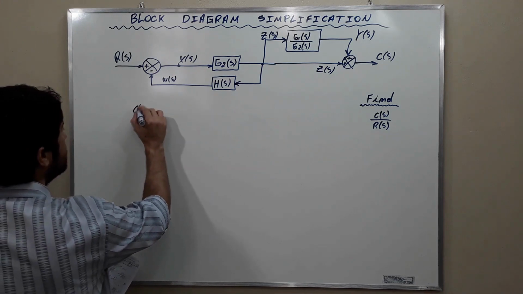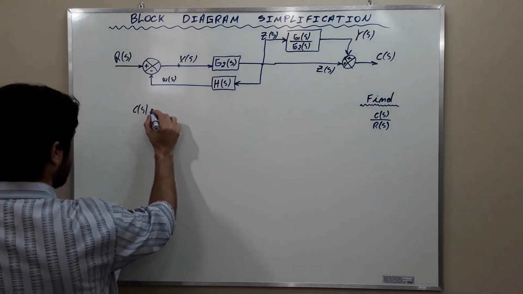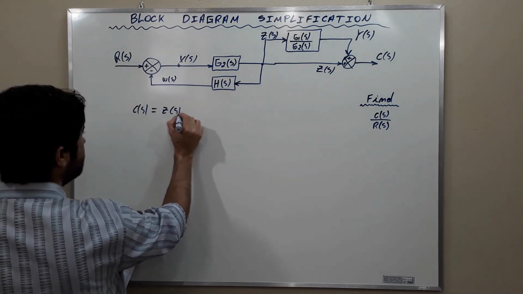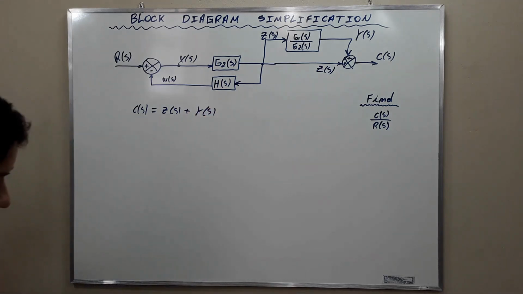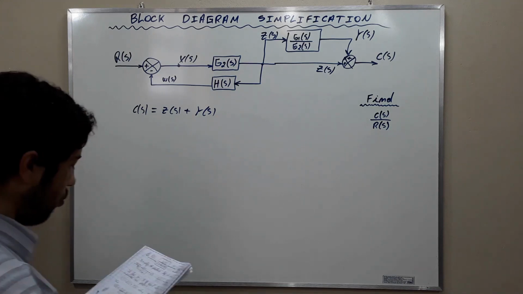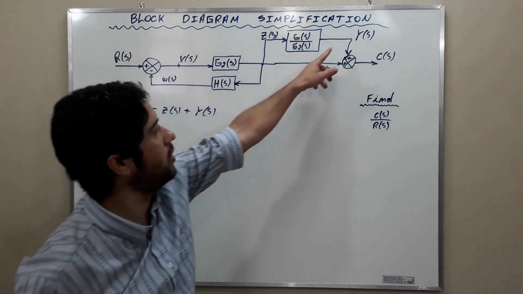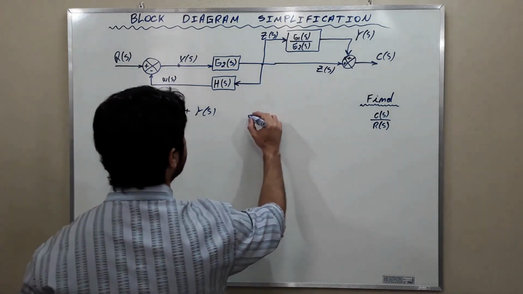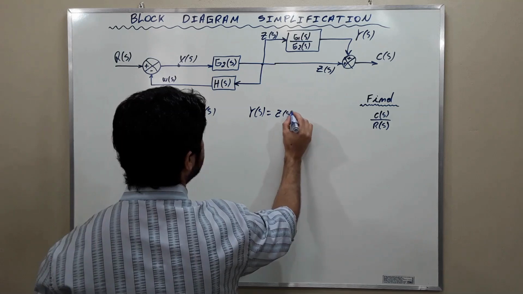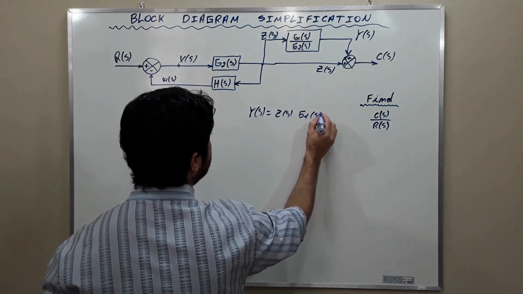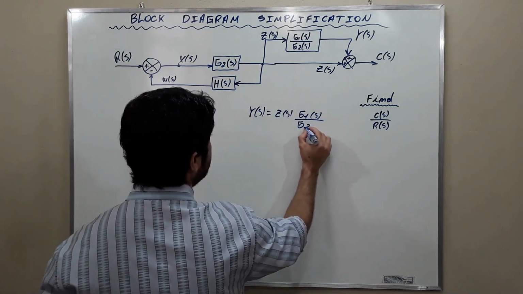Observe that C of s is equal to z of s plus y of s. And observe that y of s is equal to z of s times g1 of s over g2 of s.